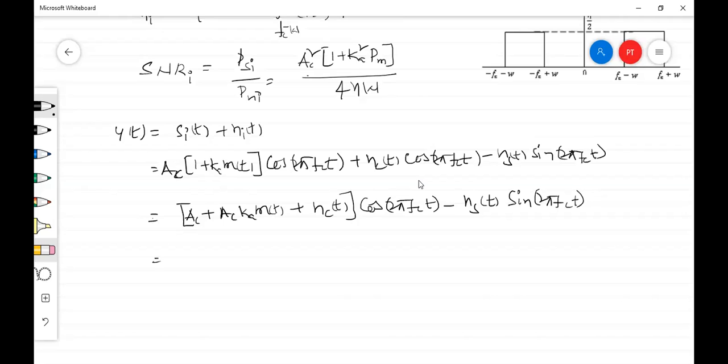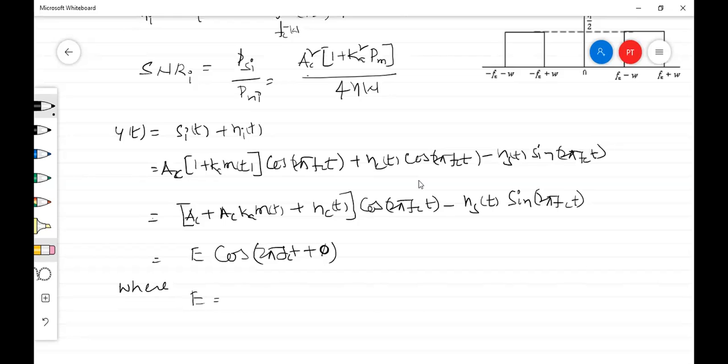So we can write this as a single sinusoid with variable amplitude and variable phase, like E into cos 2 pi FCT plus phi, or phi of t, because it is a function of t. Now how can you write E? E is simply the square root of the sum of squares of this term and this term.